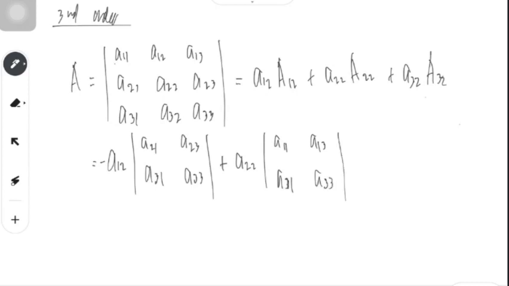And for the last one, negative, positive, negative ito. 3 plus 2 is 5. Negative 1 to odd power is negative. So we have here A32. Then for the cofactor, tanggalin natin yon. Anong matitira? A11, A13, next A21, A23.